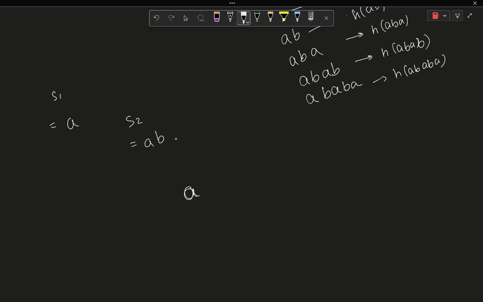But if I had something like ab, then in that case it is possible to have a prefix of length 2, that is ab, which would be equal to both prefix and suffix.